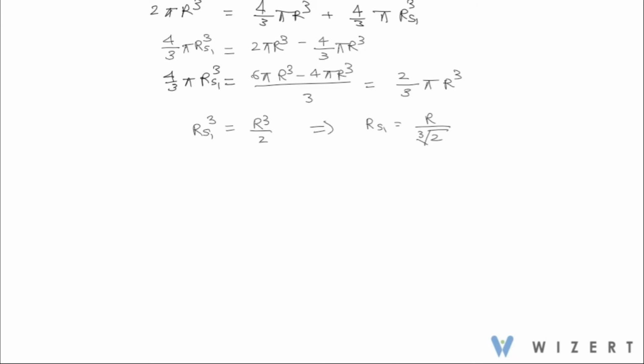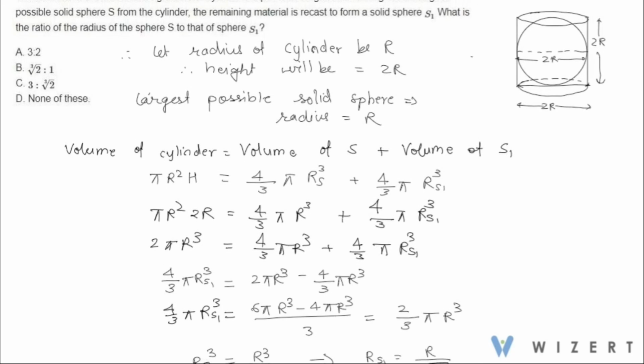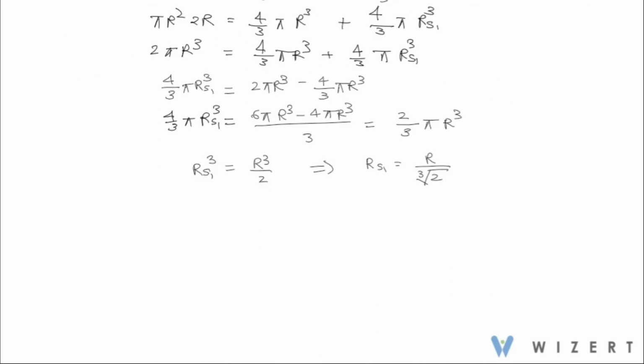Now let's look at the question. We are asked to find the ratio of radius of sphere S to that of sphere S1. Now radius of sphere S is r and radius of sphere S1 is r by cube root of 2.